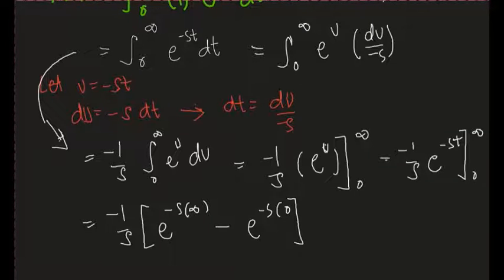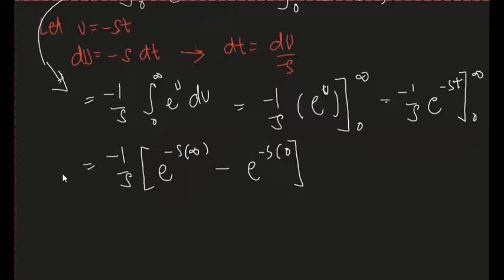Okay, so aton nga function will be this one. So negative 1 all over s multiplied by, so e raised to negative s multiplied by infinity, so e raised to negative infinity will be approximately equal to 0. Then negative e raised to negative s multiplied by 0, so e raised to 0 will be automatically equal to 1.